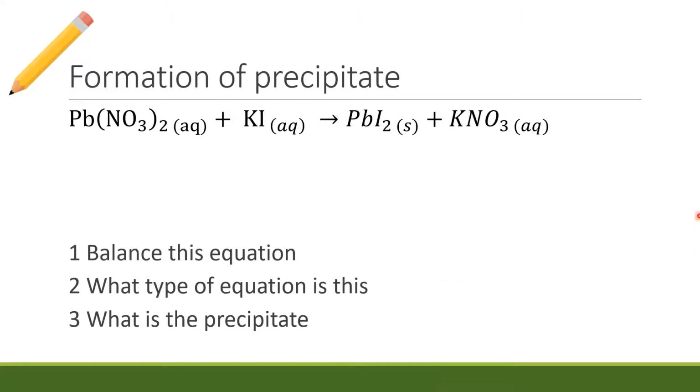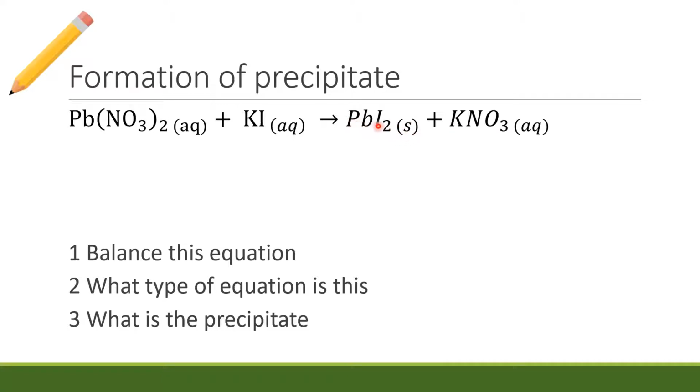Okay, so here we've got a precipitation reaction. Lead nitrate, which is aqueous, which means it's dissolved in water, plus potassium iodide, which is aqueous, which means it's dissolved in water, reacts and makes lead iodide, which is a solid.